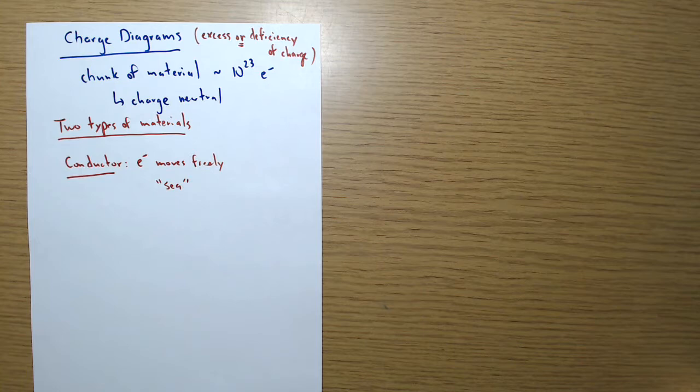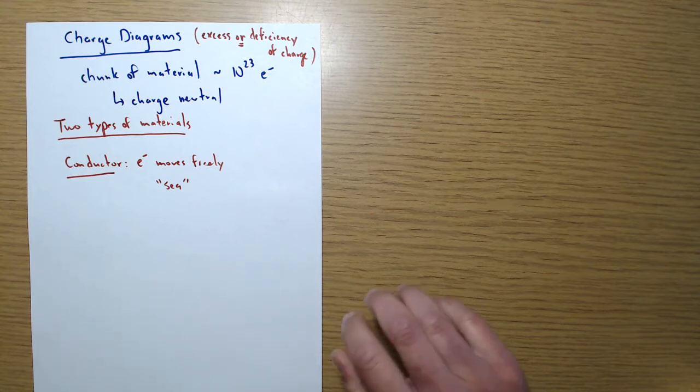Now, what gives rise to this is that, for any real atom, there's going to be multiple electrons. All of the electrons don't move freely, but in particular, typically it's the valence electron that's weakly bound, and that's the one that is not tightly held to that particular atom and is free to move.